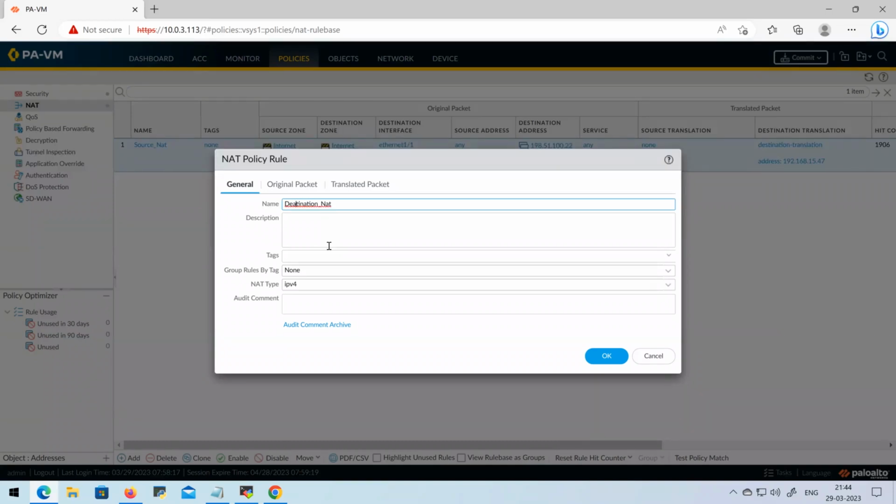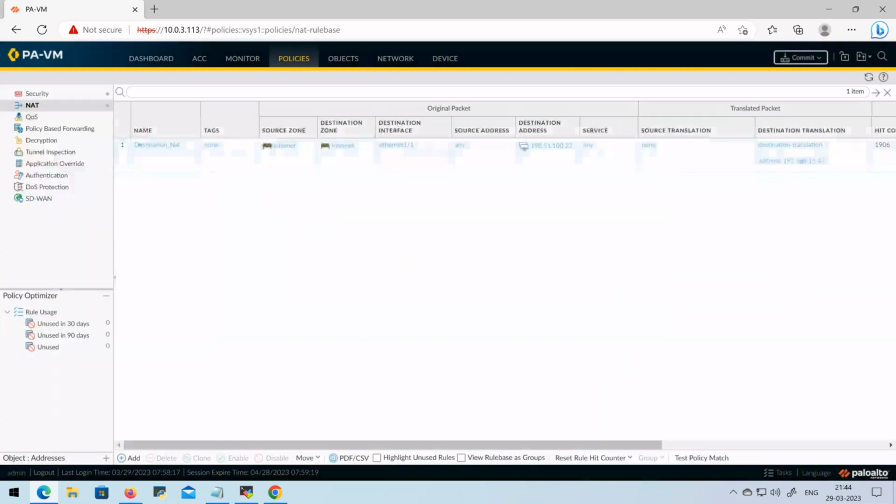We are not creating the policy. We try to understand. We are creating the NAT rule first, the NAT policy. The packet is sourced from the internet zone. The first landing is happening on the internet zone only, right? Source, because it is coming from internet, I'll keep it any. But the destination is 198.51.100.22.